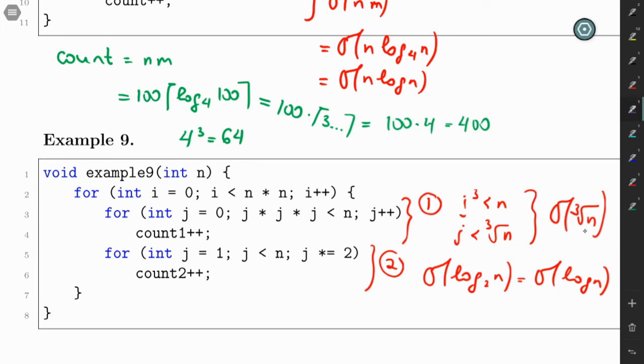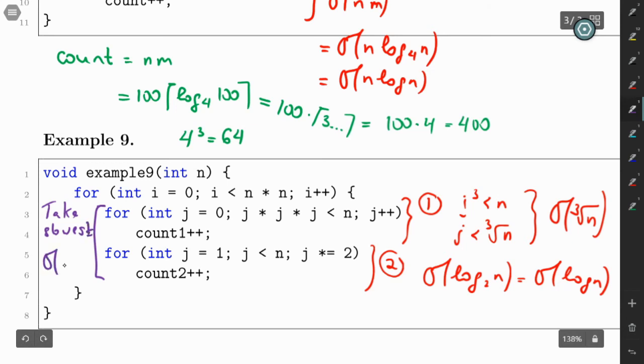And the slowest is the cube root. So once again, we take the slowest, and that is O of the cube root of n.